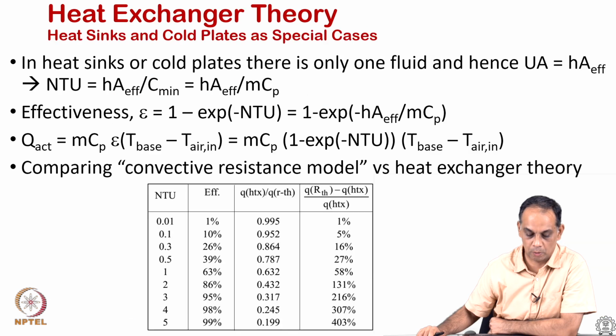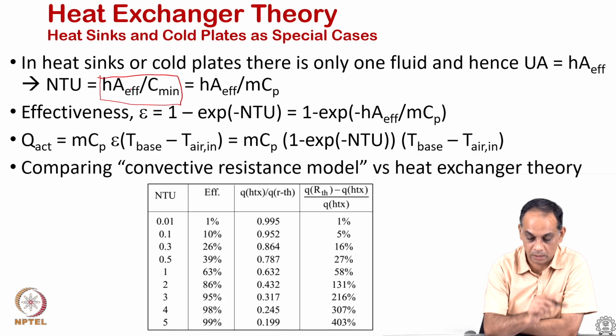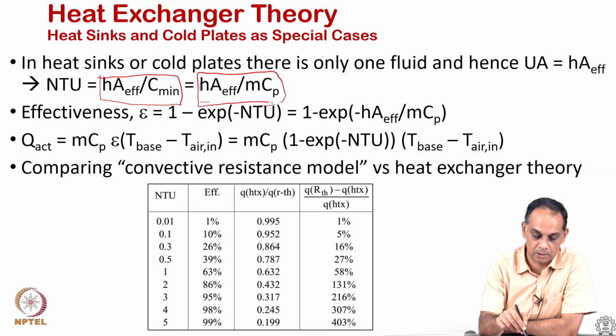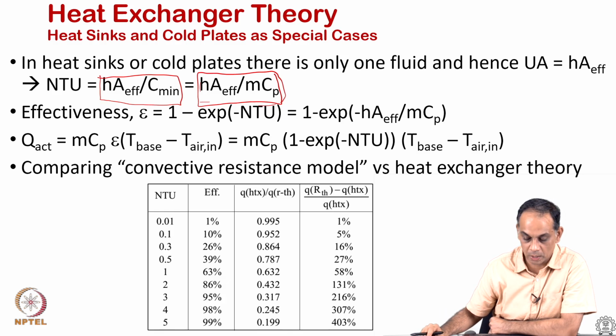So, NTU, the number of transfer units, is nothing but heat transfer coefficient times A effective, the effective surface area that is utilized, divided by C min, which is the MCP of the air. This, as you can see, is the expression for NTU, and if we plug this into the effectiveness equation, you get 1 minus exponential of minus NTU. This is the expression that one gets for the one fluid case.